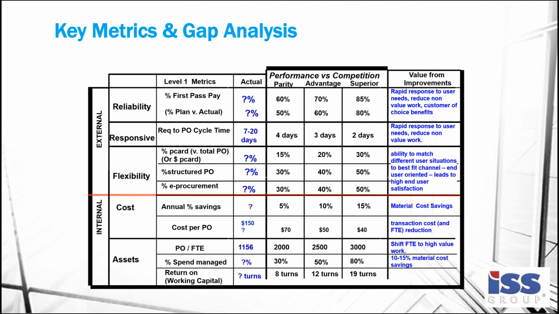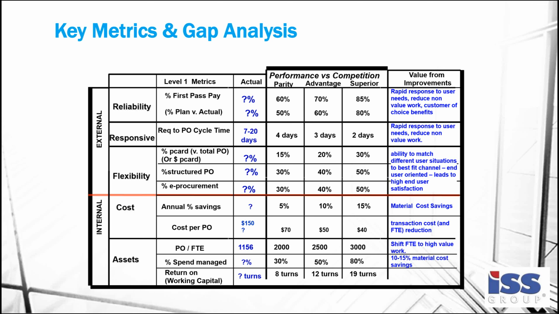Request to PO cycle time, you see 7 to 20 days. I just put it in as an example. And you can see where you sit in the benchmarks. You're way above parity. So anyway, this helps to get a handle on where you're at versus the competition or the rest of the market, and how far you need to go.